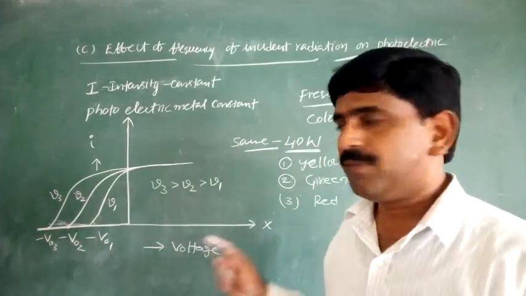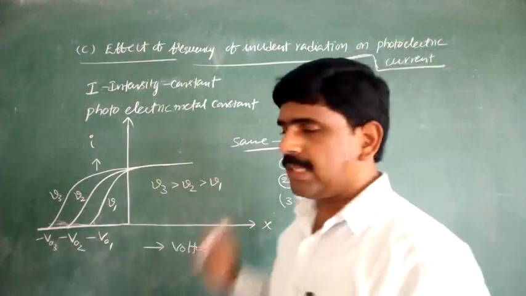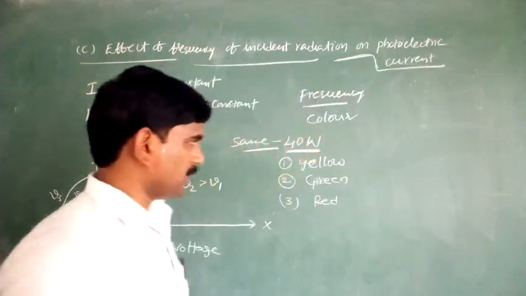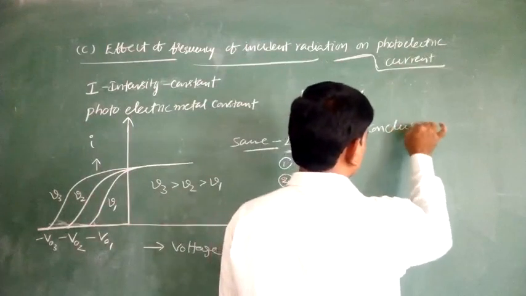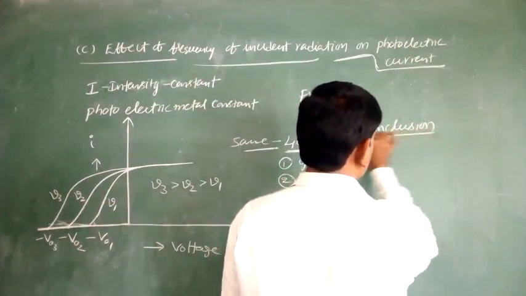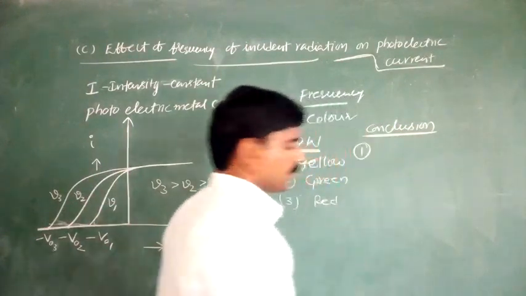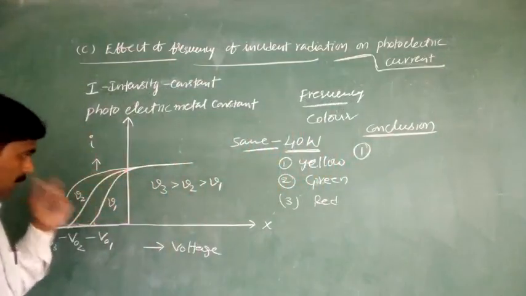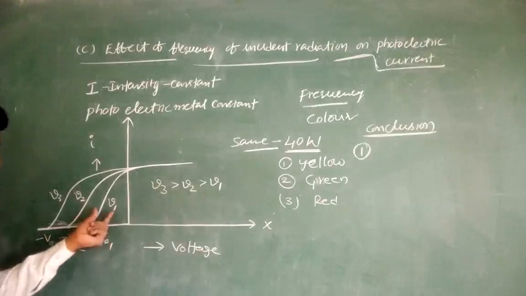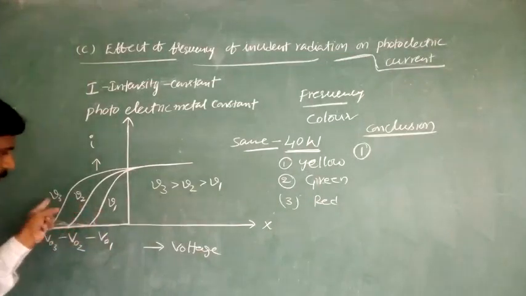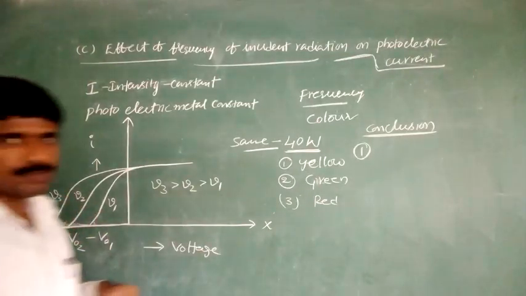So from this graph, what are the conclusions? First, the stopping potential is different for different frequencies.